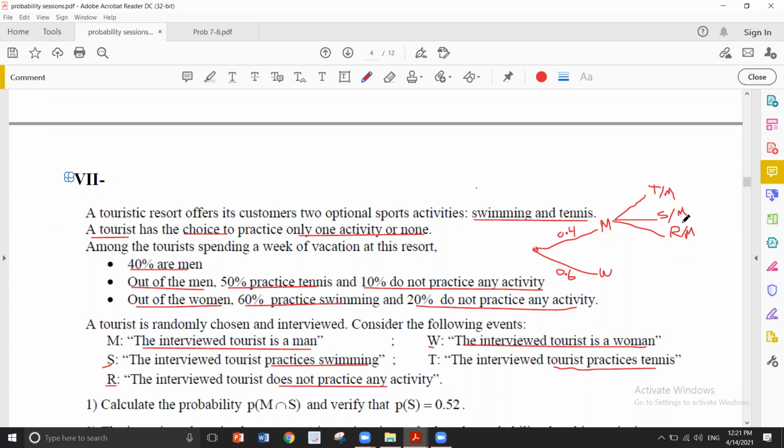How much is tennis? Out of the men, 50% practice tennis, so this is 0.5. 10% do not practice any activity, 0.1 here. How much remains for swimming? 0.4.